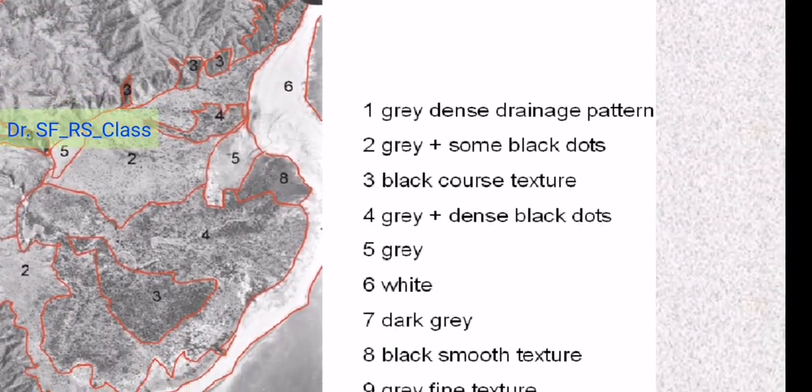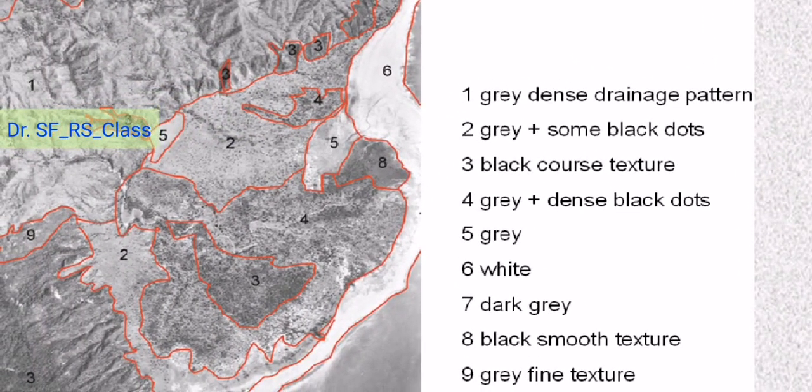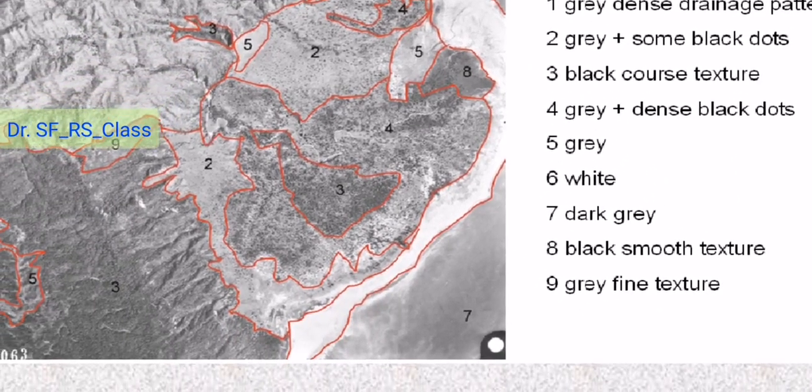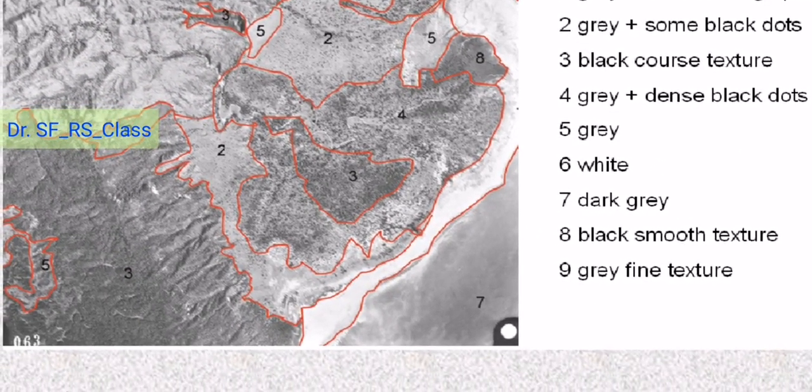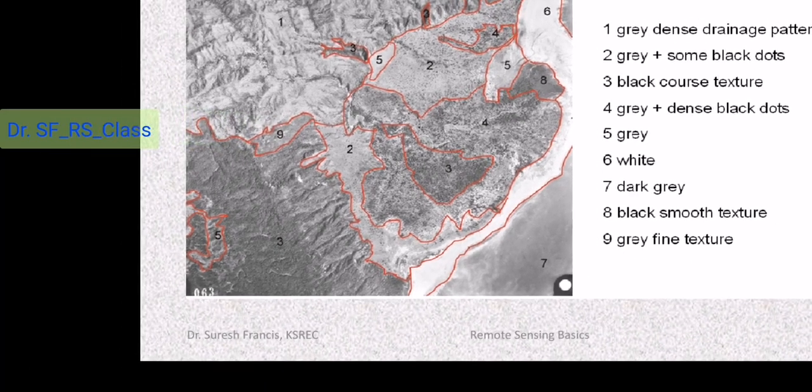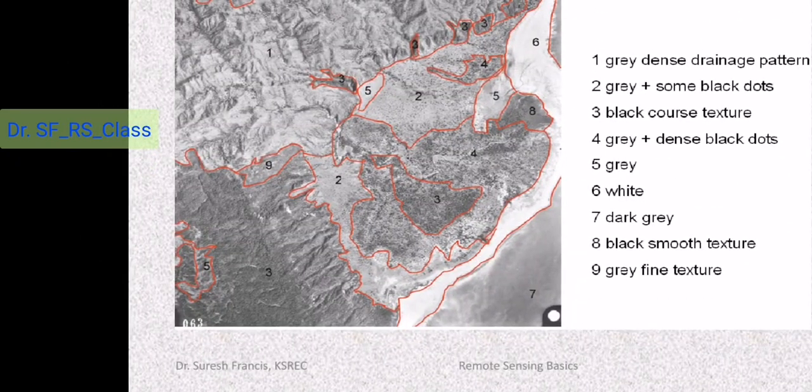The second one is gray plus some black dots, and third one is black coarse texture. Fourth one is gray plus dense black dots. Fifth one is gray. Six is white. Seven dark gray. Black smooth texture. Gray fine texture. So you'll be able to identify different objects based on these boundaries.